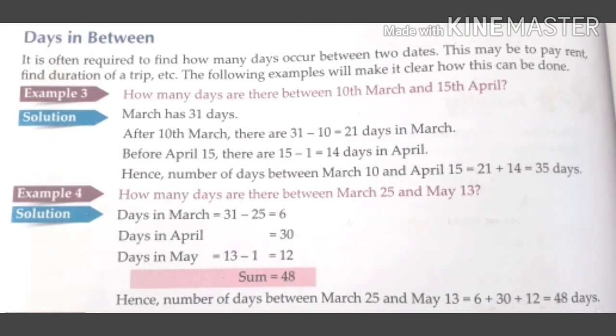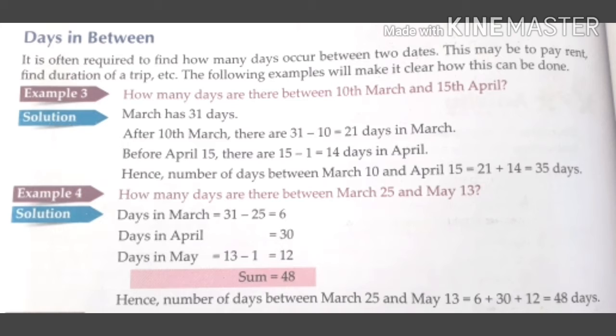Then one more concept is given: days in between. It is often required to find how many days occur between two dates, for example for vacations, holidays, or some specific programs that we have to arrange between these dates.